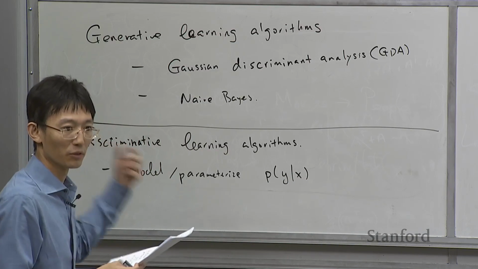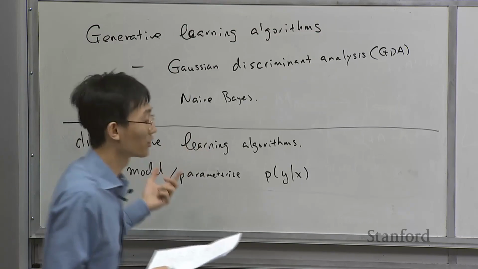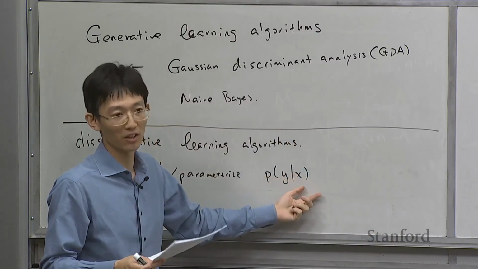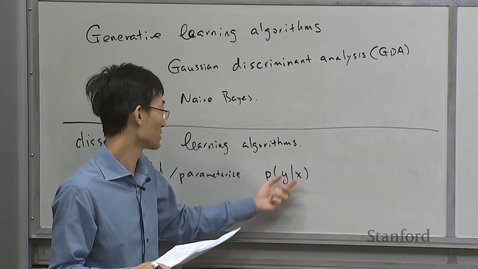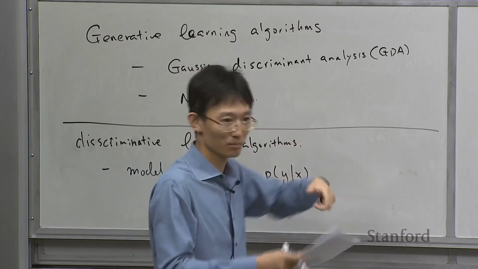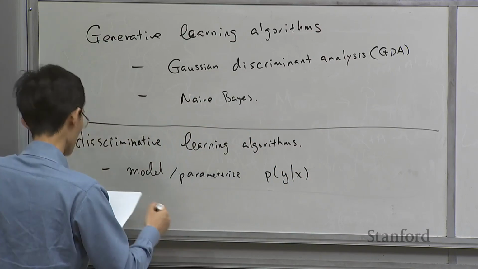If you recall, this is the type of model we considered in the last 2 weeks. We model y as a linear function of x, maybe y is a linear function of x plus Gaussian noise, or maybe y is a linear function of x plus an exponential family distribution.